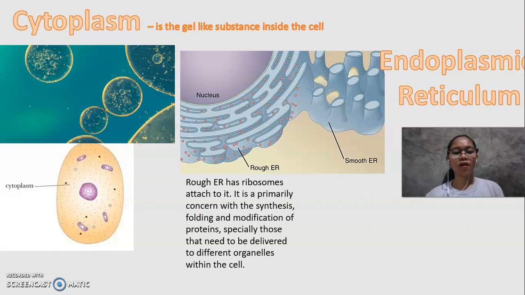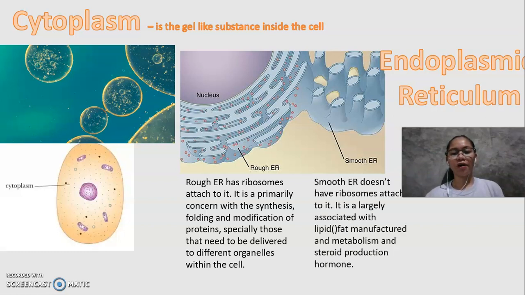The rough ER has ribosomes attached to it. It's primarily concerned with the synthesis, folding, and modification of proteins, especially those that need to be delivered to different organelles within the cell. Smooth ER doesn't have ribosomes attached to it. It's largely associated with lipid or fat manufacture and metabolism and steroid hormone production.